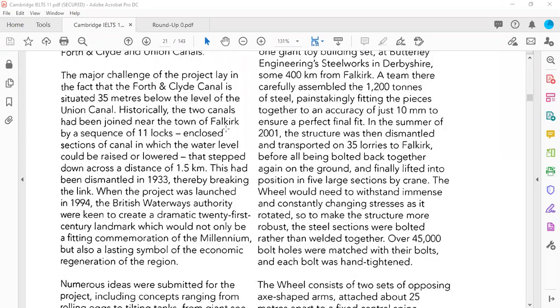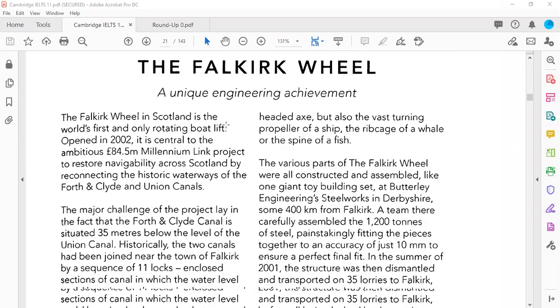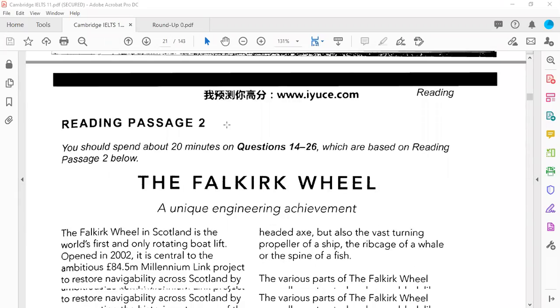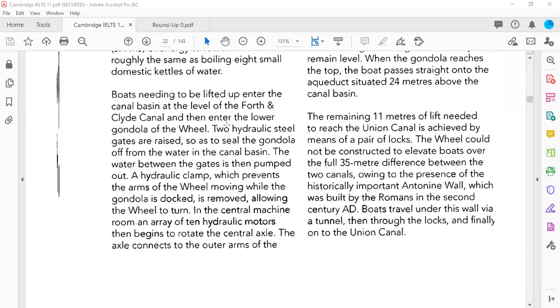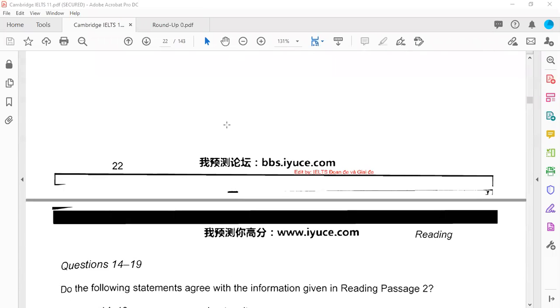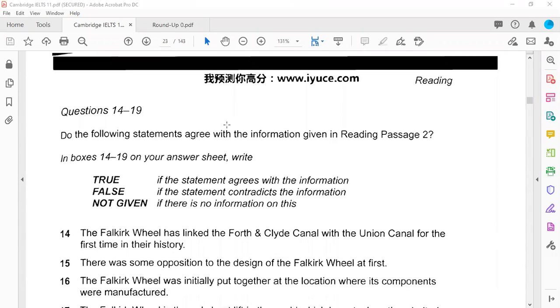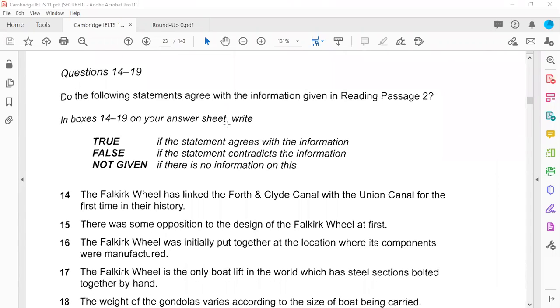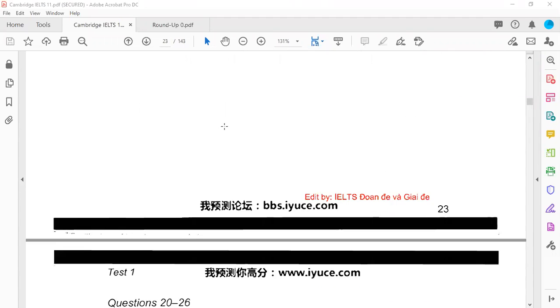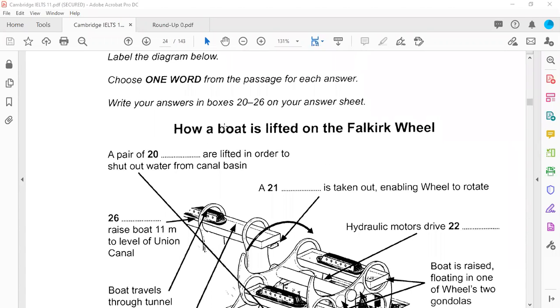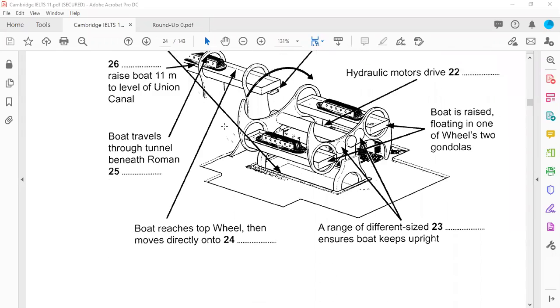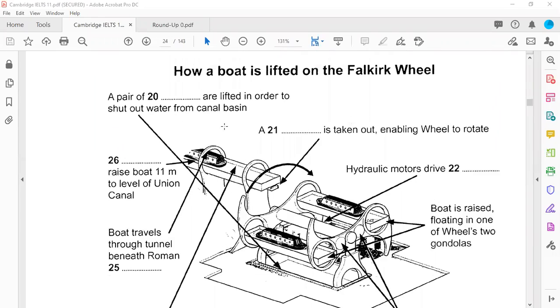There's passage 2. Let's just see how much of it there is. There are 1.5 pages. They start with true, false, not given, 14 to 19. And then they give us 6 questions of how a boat is lifted. For that, we need a schematic.